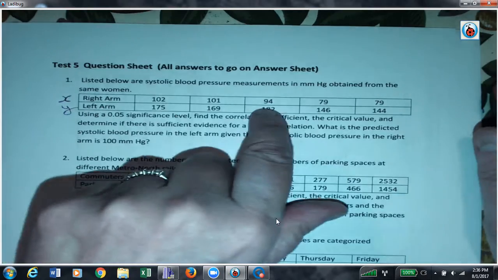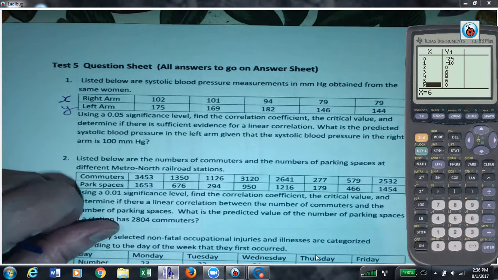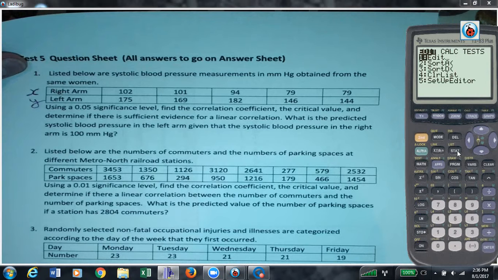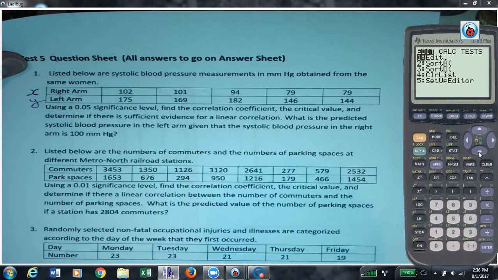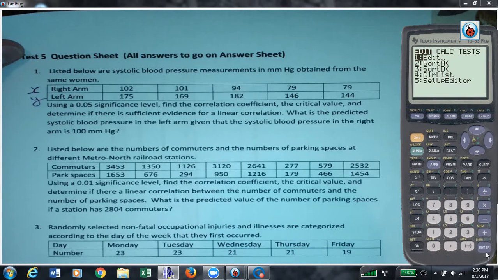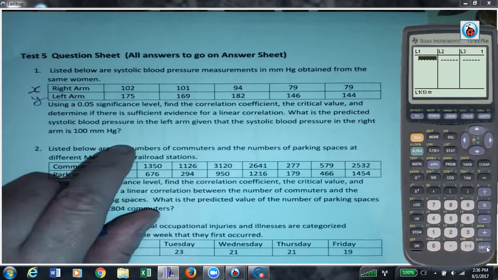So I'm going to put the first row in a list, and I'm going to do the same to the second row. So let me press the stat button. Let's clear out two lists, and I'll clear list 1 and list 2. And then I'll press the stat button again, go straight to the editor, and I'm going to put these readings.